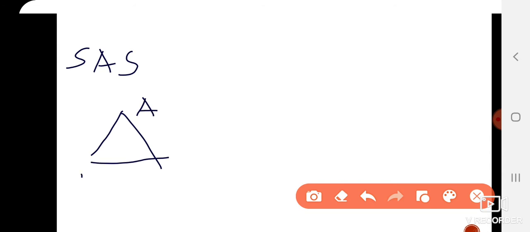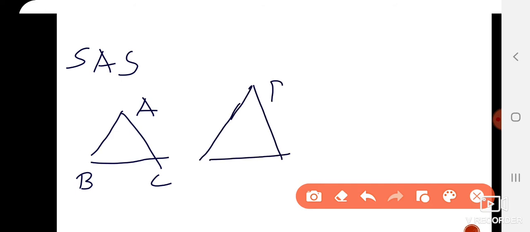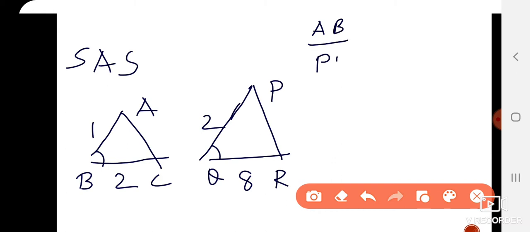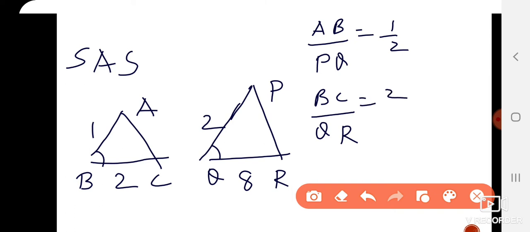Say triangle A, B, C and you have triangle P, Q, R. If I say AB is 1 unit, BC is 2 units, PQ as 2 units and QR as 8 units and angle B congruent to angle Q, then I can say the ratio of AB upon PQ is equal to 1 upon 2 and the ratio of BC upon QR is 2 upon 8, that is 1 upon 2.